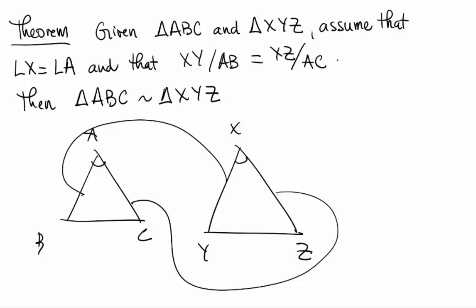So if you know that the angles are equal to each other, and then the ratio of these sides is equal to the ratio of the other pair, then you can automatically conclude that the triangles are similar.